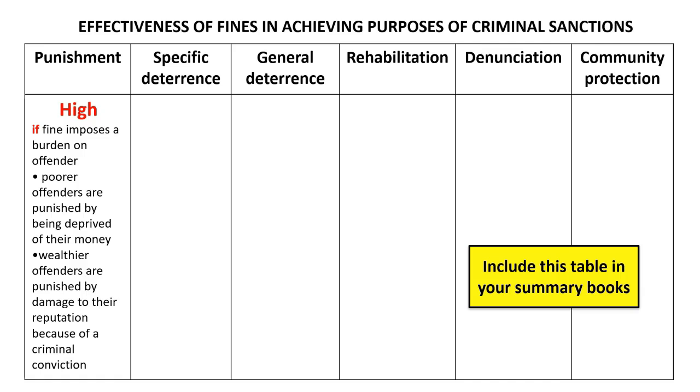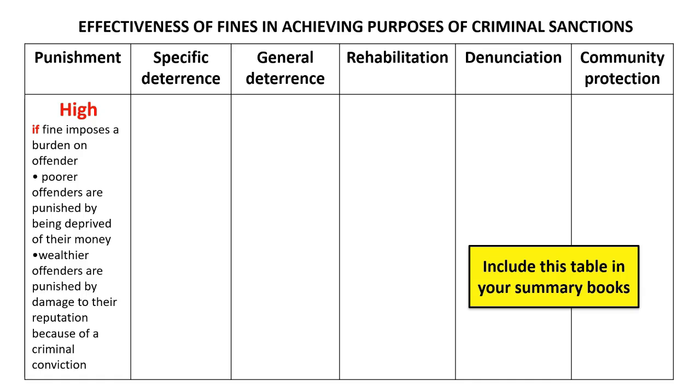On the other hand, if the court were to impose a $5,000 fine on a millionaire, then because $5,000 is just a drop in the ocean for a millionaire, it doesn't impose a significant financial burden on the millionaire. And so, in that sense, the fine is not effective as a punishment.